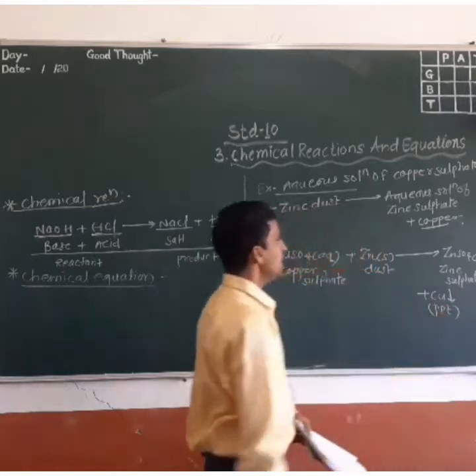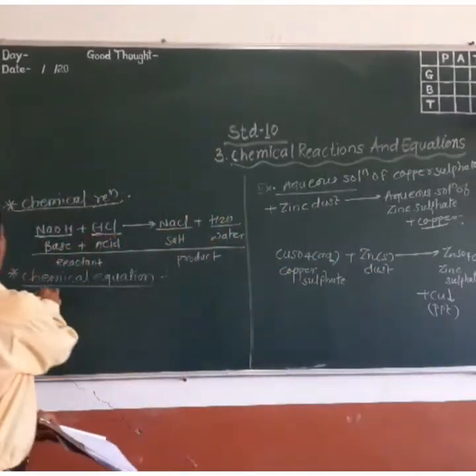Precipitate short form is PPT. This is the example of a chemical equation.